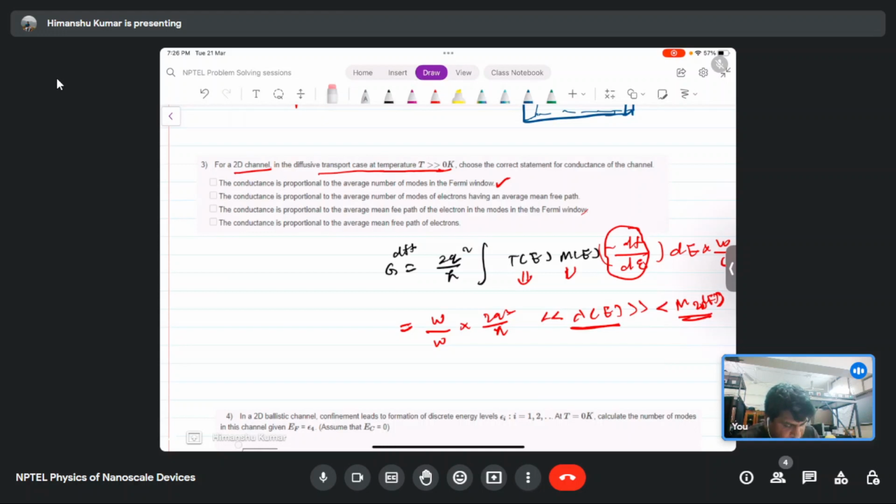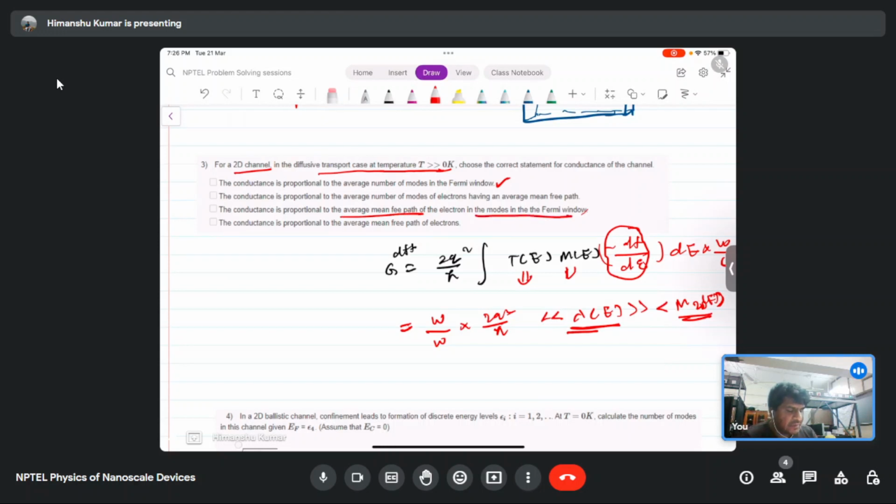The conductance is proportional to the average number of modes of electrons having an average mean free path. And the conductance is proportional to the average mean free path of the electrons in the modes.